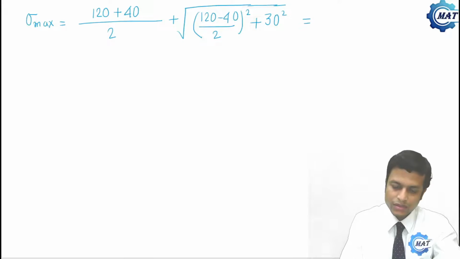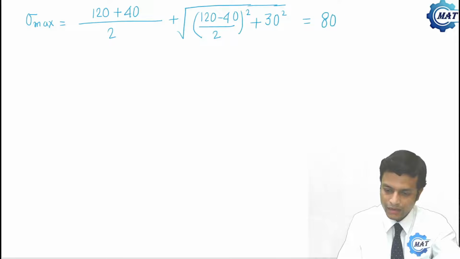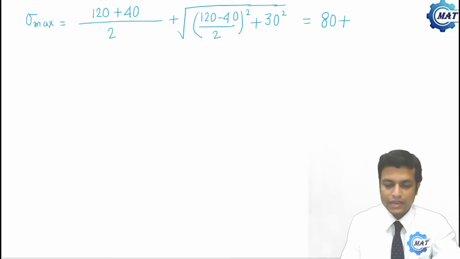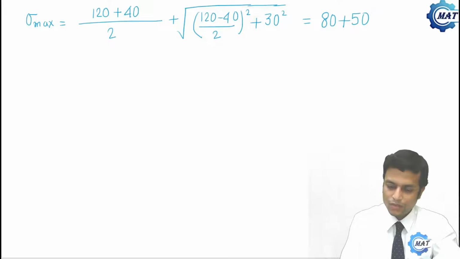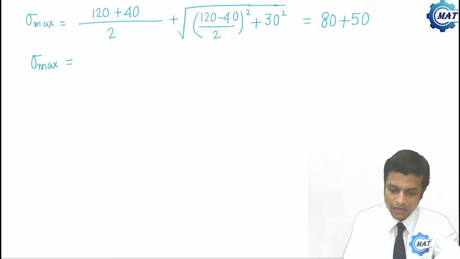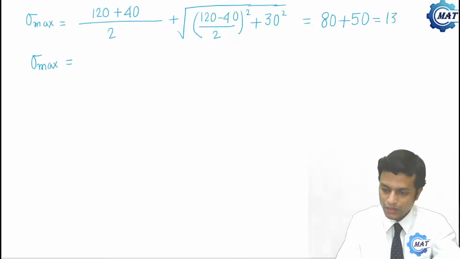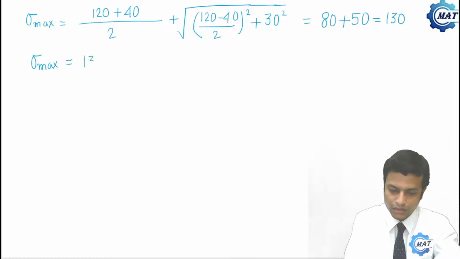That becomes 80 plus root over 40 square plus 30 square. 120 minus 40 is 80, 80 divided by 2 is 40. 40 square plus 30 square root is 50. So sigma max becomes 130 MPa. Sigma max is 130 MPa.